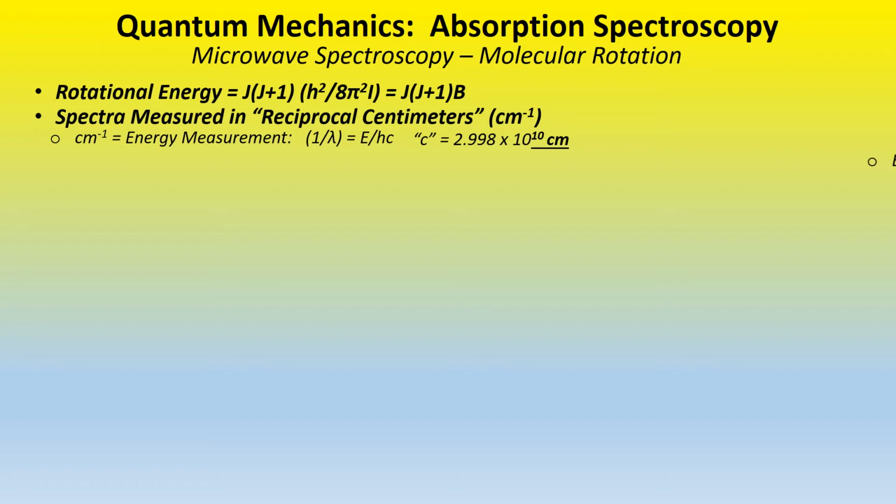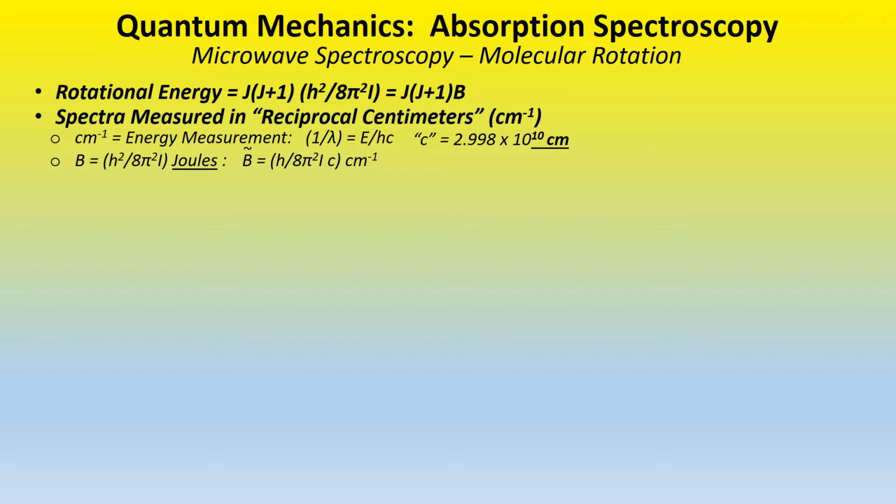The rotational constant B, h squared over 8 pi squared I, is measured in joules. However, B with a tilde over it is measured in reciprocal centimeters and is equal to h over 8 pi squared I times c, again in centimeters.